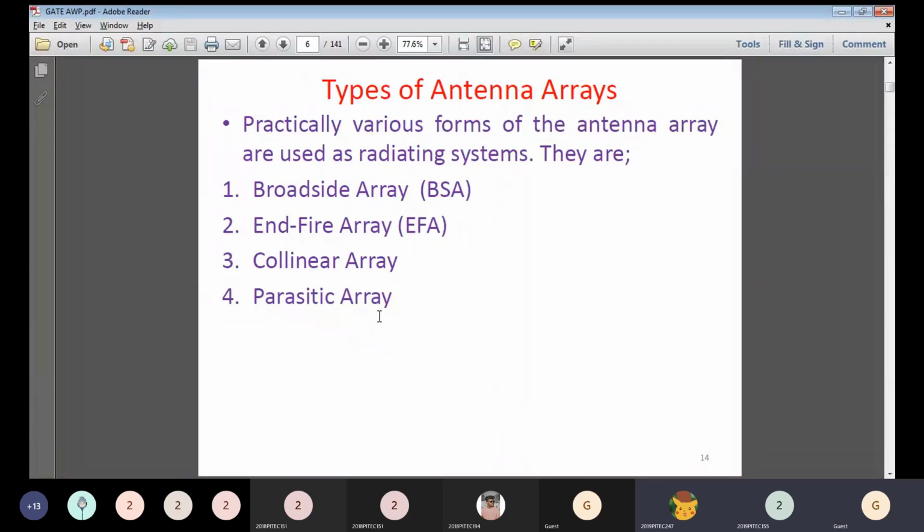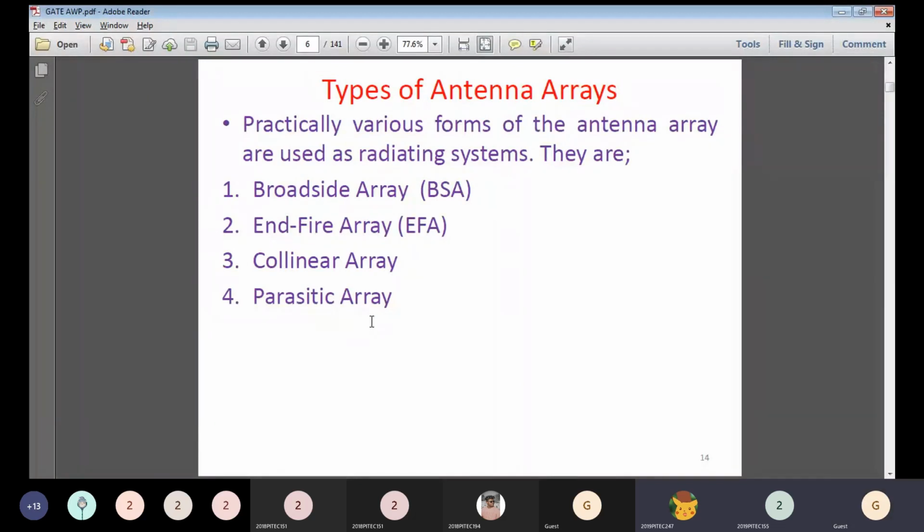Apart from that, we discussed the antenna array concept. In antenna array concept, you have to mainly concentrate on what an antenna array is, what a linear array is, what a uniform linear array is, and the types of antenna array based on construction. Next, in types, you have to concentrate on the broadside array, end-fire array, collinear array, and parasitic array.